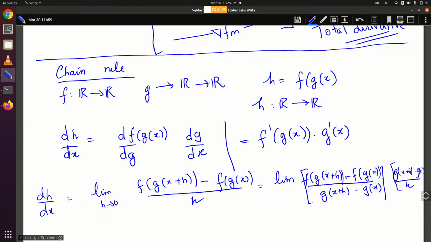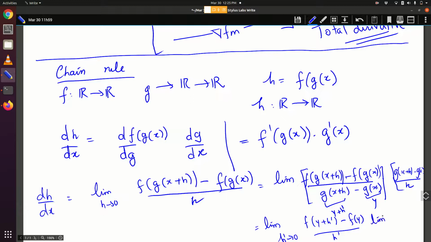Now you introduce a change of variables. You call this g of x plus h as y. Then this will be y plus h dash, not exactly h, as h tends to 0. So what you get is the limit of f of y plus h dash minus f of y, divided by h dash. As h tends to 0, h dash also tends to 0.